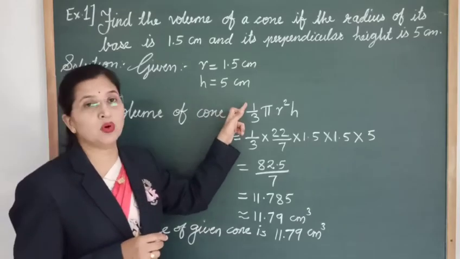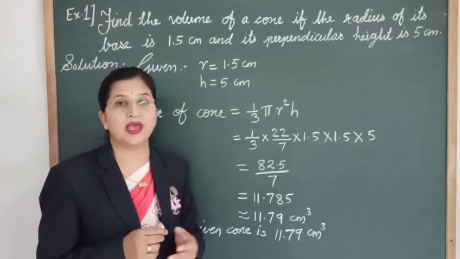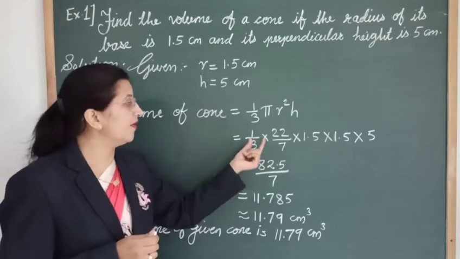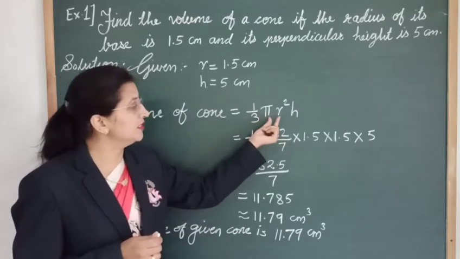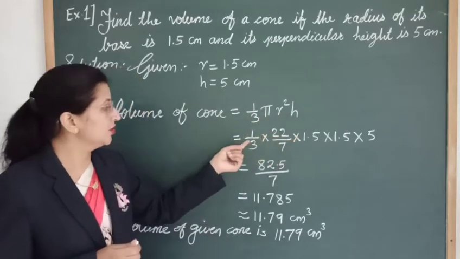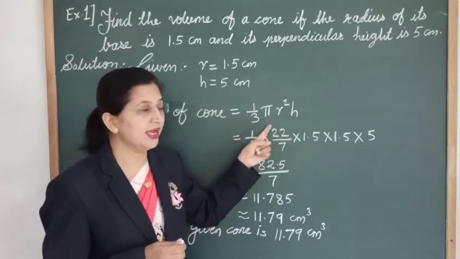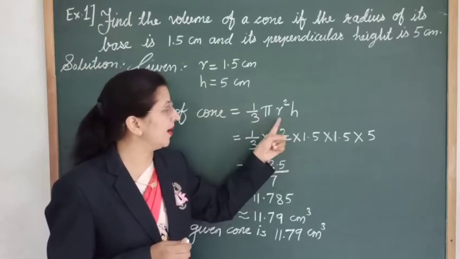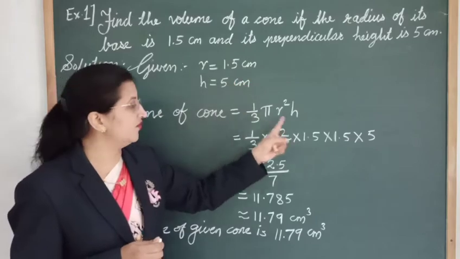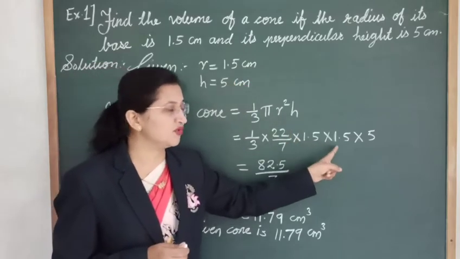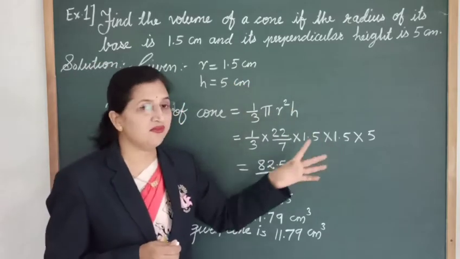The formula is 1 upon 3 pi r square h. Putting the values: 1 upon 3, pi 22 upon 7, multiplied by 1.5 into 1.5, height 5.